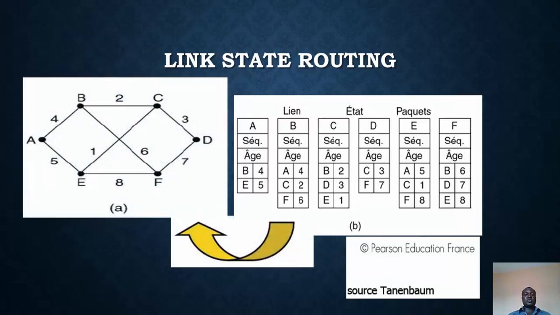And we also have the link state present here. For those different routers to communicate, this will be the link state routing among all those devices, called A, B, C, D, and F. And they will have the sequence and the age, and the direction and the distance that they will take.